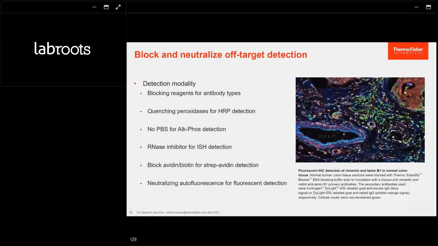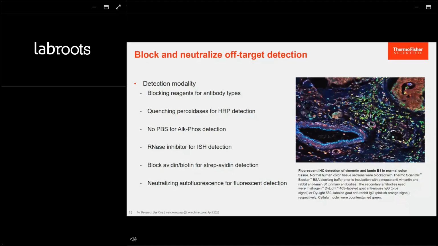When using any detection strategy, it's important to block and neutralize off-target detections. So each detection modality has kind of its own complications. We'll be going into some of these in more depth, but there are many things to consider. For example, there are endogenous enzymes and proteins in tissues that can cause off-target detections. Other things to consider are, for example, if you're going to use alkaline phosphatase as a signal amplifier in your detection strategy, you don't want to use phosphate buffered saline solution in any of your buffers.